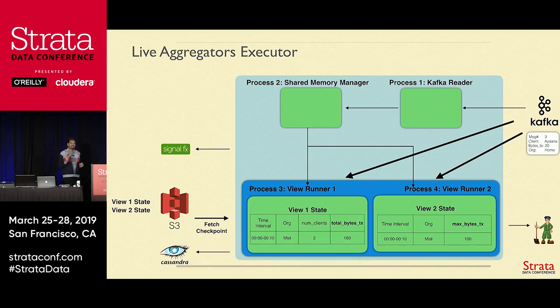We want the message read from Kafka to be shared among multiple views, so that the network out of the Kafka cluster does not spike or increase. In this case, these two views are sharing the same message read from Kafka with the help of shared memory manager. The second reason is resource management, which Osman will talk about later.